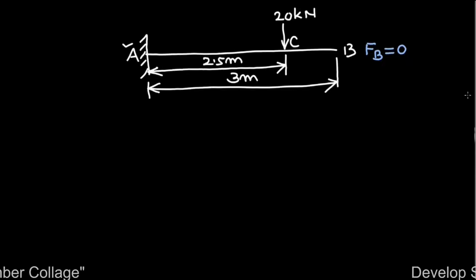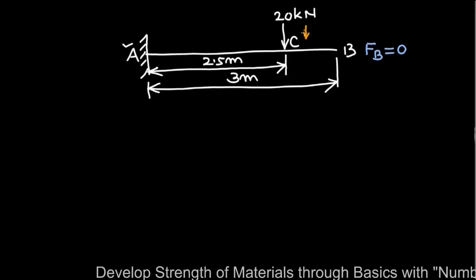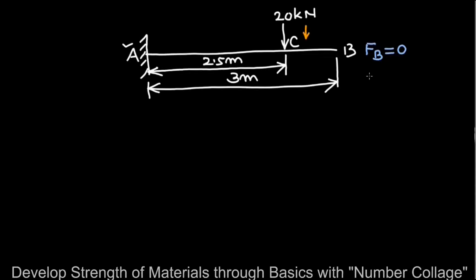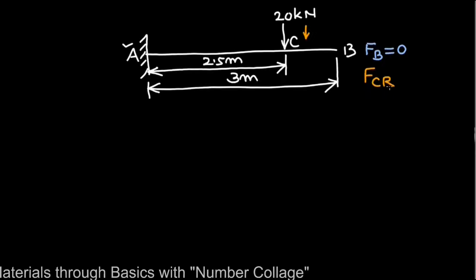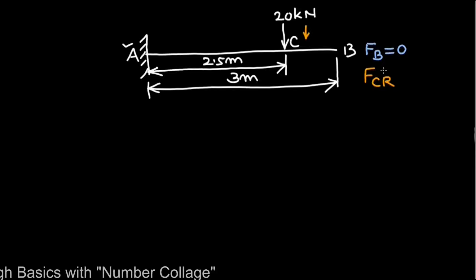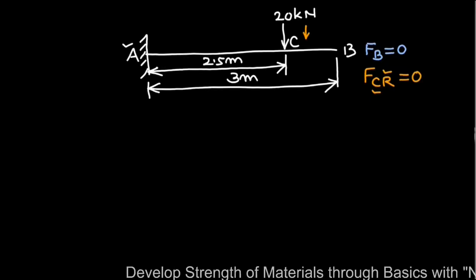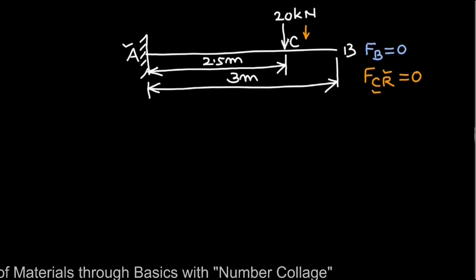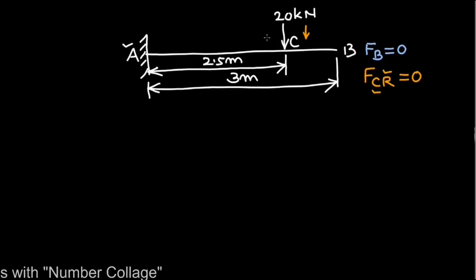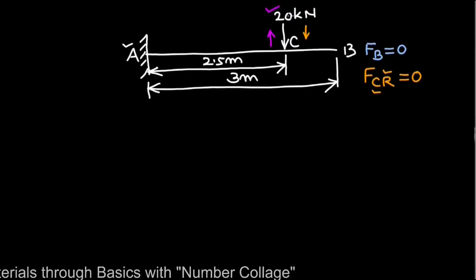Now shear force to the right of C is 0, so therefore we write FCR, which means shear force to the right of point C, which will be 0. Now the vertical load to the left of point C will be upwards 20 kilonewton.